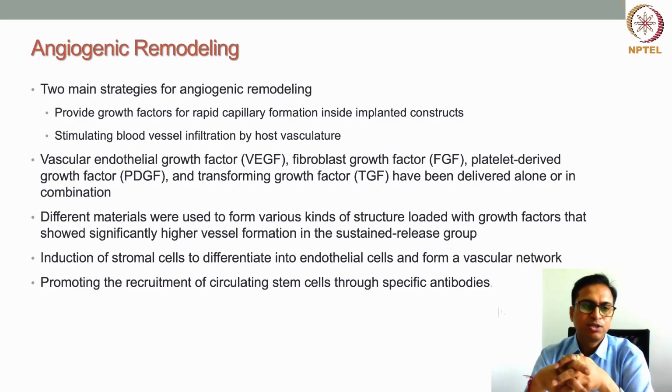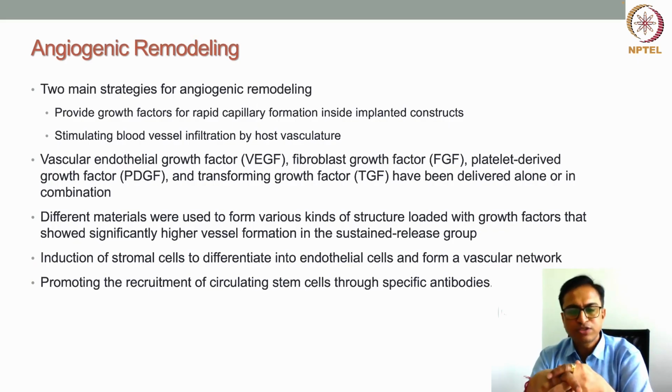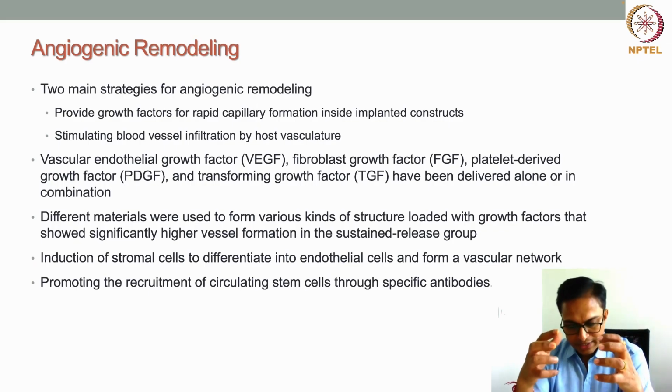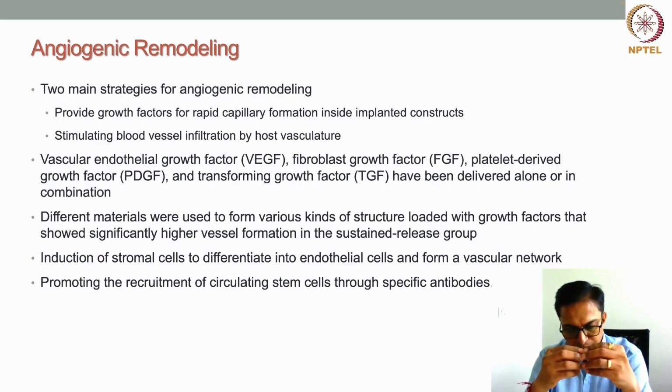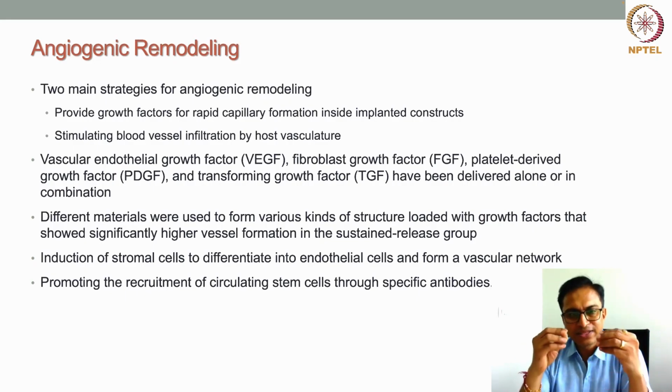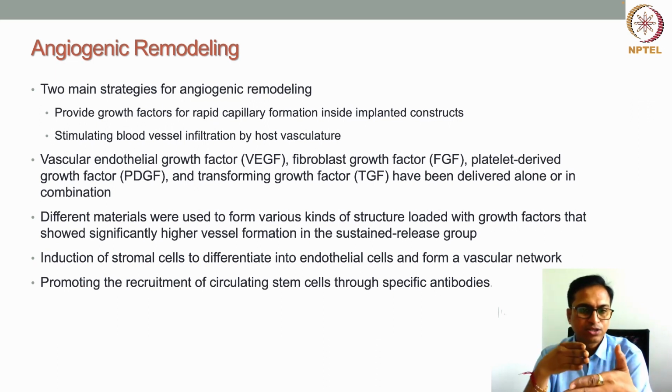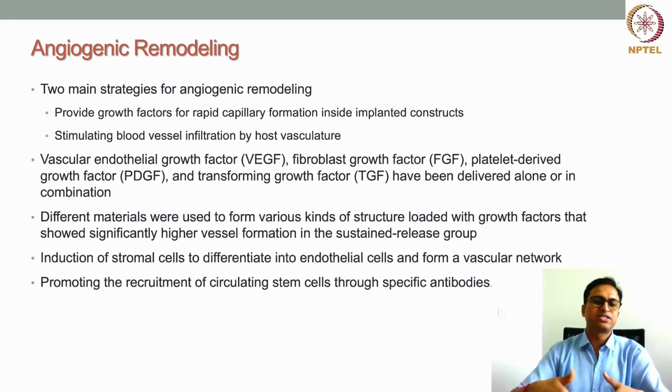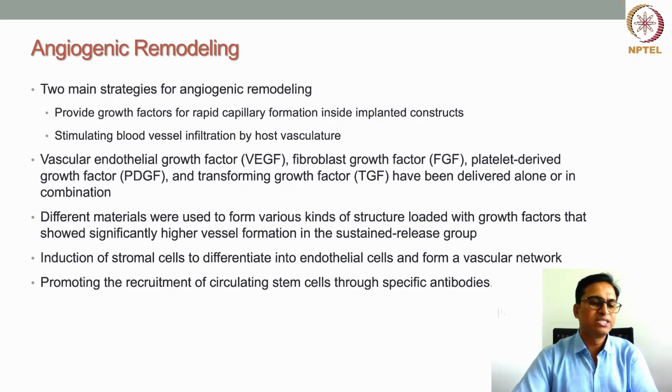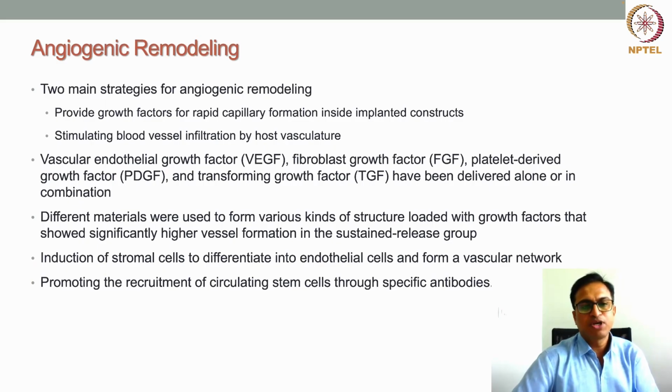Another strategy is stimulating blood vessel infiltration by host vasculature. In the bioprinted constructs we can also print blood vessels, and blood vessels can also infiltrate from the host tissue. By these two ways the angiogenic remodeling can happen.